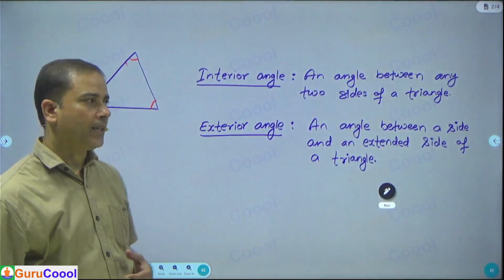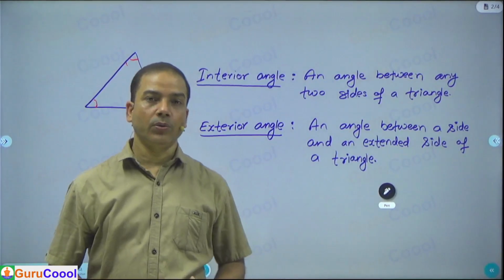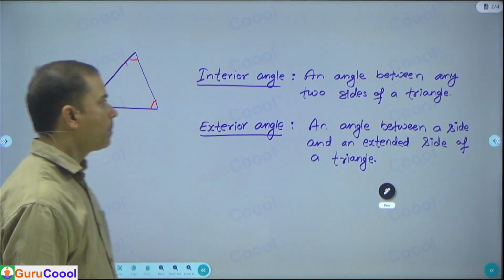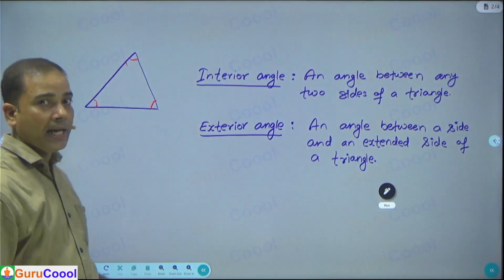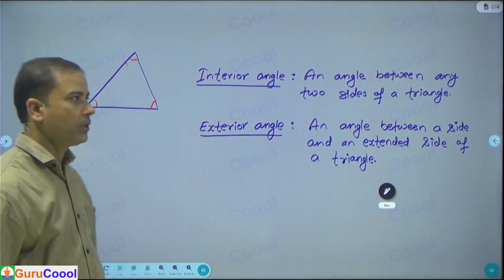What is extended side? Extended, also known as produced side. Let us consider any one side and let us extend it, produce it.